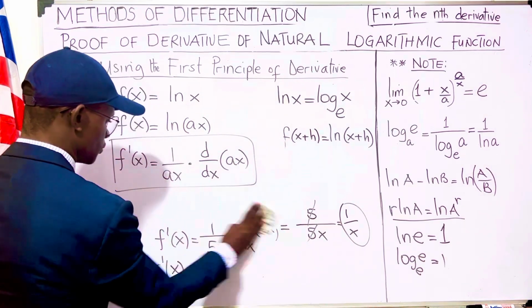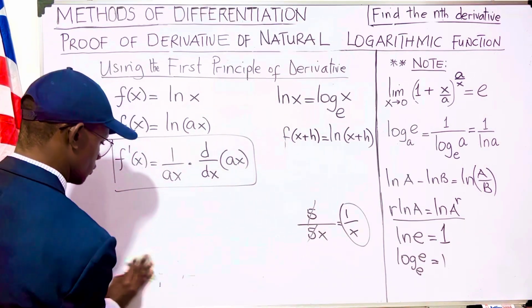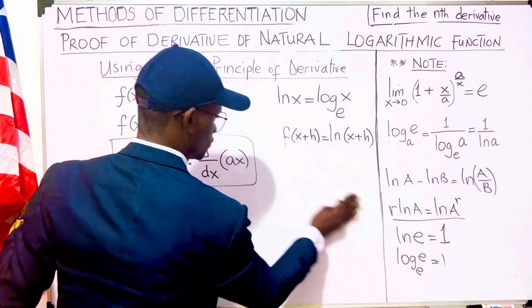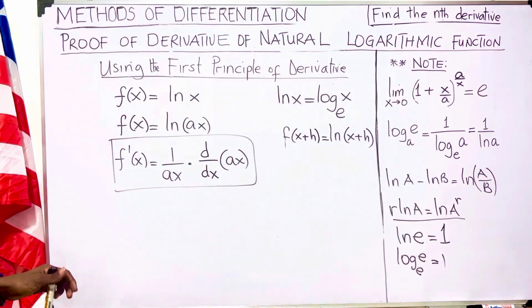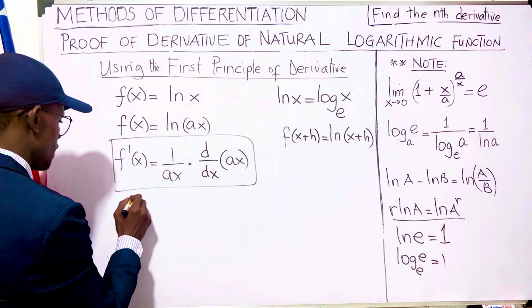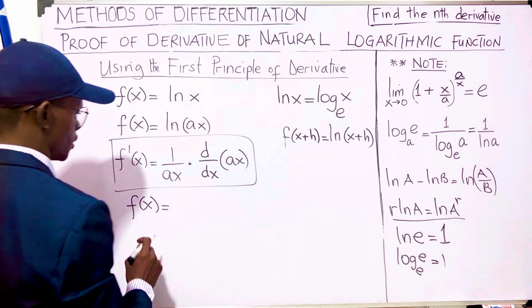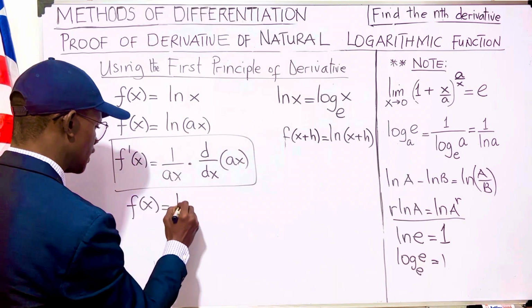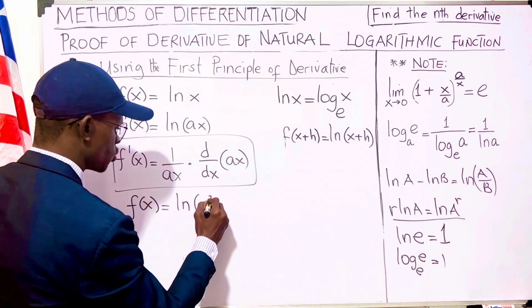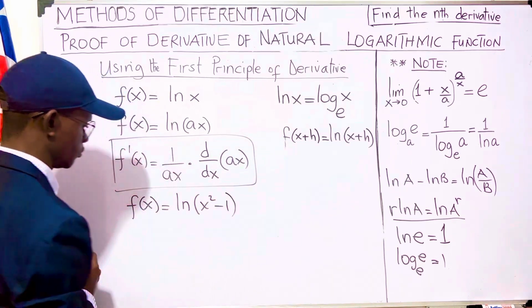What if we had the function f of x equals, for instance, the ln of x squared minus 1.